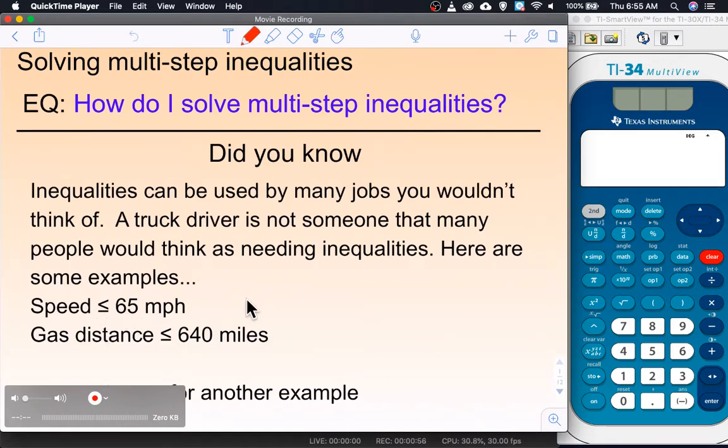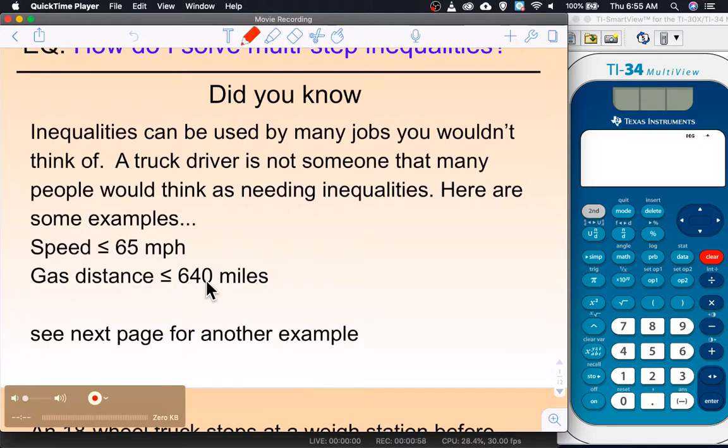You can get a ticket for that. Then there's the distance they can travel, like their gas distance. If they fill up their tank, how far can they go? Well, if they know a full tank can take them 640 miles, they know that the distance they have left is less than that. And if they used half of a tank, then they'd be going 320 miles, stuff like that.